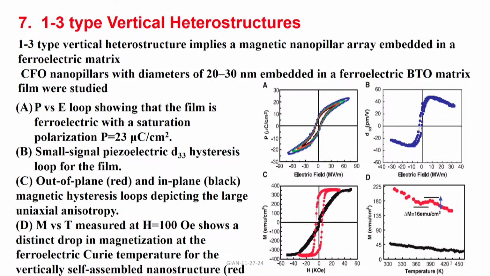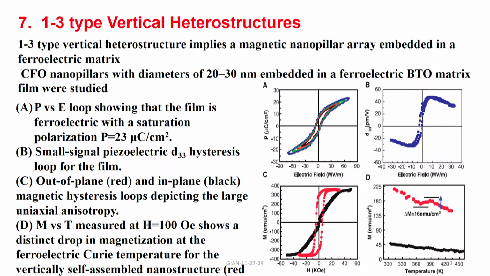So, the center of positive and negative charges coincide and there is no separation between the two. So, the polarization is 0 above 360. When it is cooled below 360, there is a small shift in the position of barium. That would result in a separation between the center of positive and negative charges, which would mean that there is an induced polarization that comes because of the shift in barium atom position.